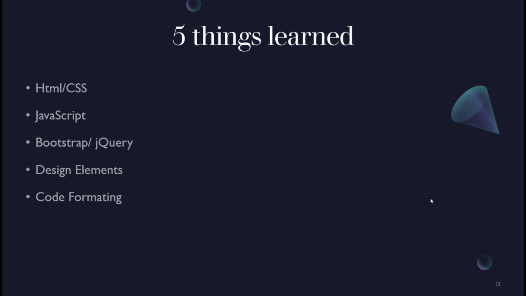Design elements, being able to have a vision and make it come true, and coding and formatting my code. Actually executing my code and making my webpage was one of the most exciting things I had to do for this course. And I'm really glad. It means that I'm in the right career, right?